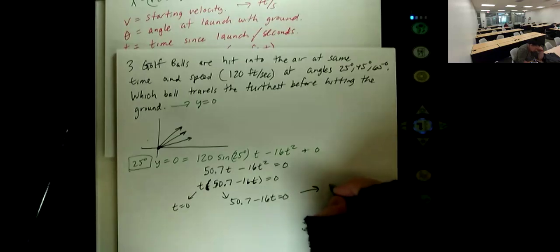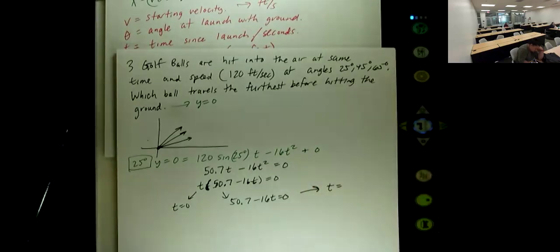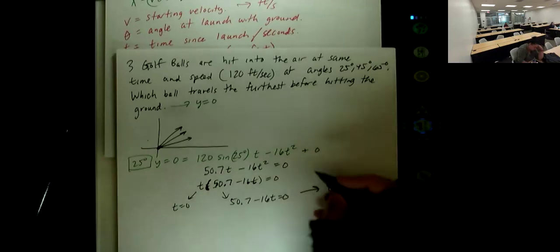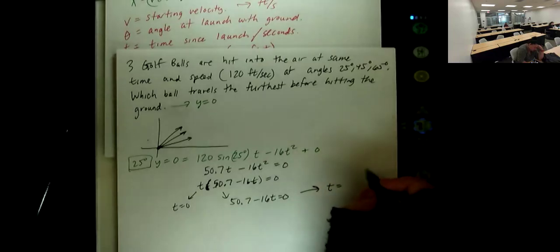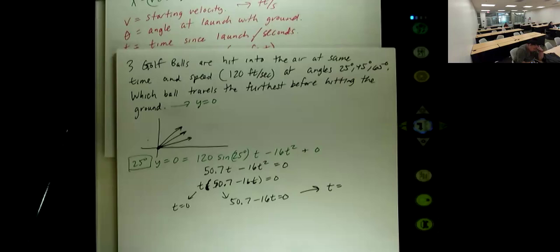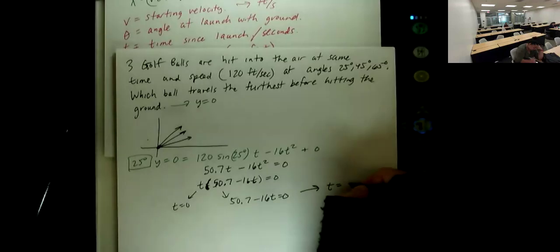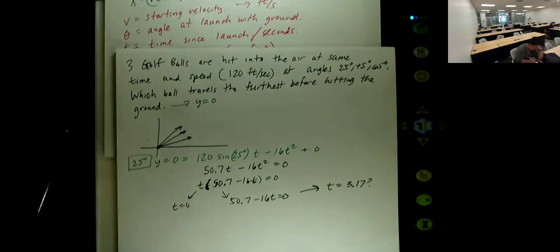And if I solve for t there, I have 50.7 divided by 16, which is 120 sine 25 divided by 16, about 3.17. Well, that tells me how long it took for the ball to get to the ground.